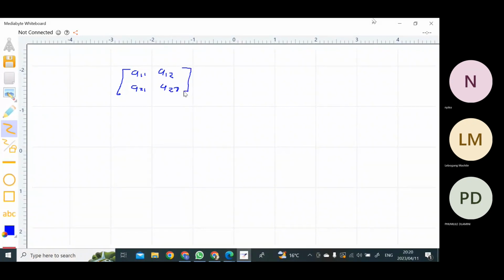So this is a matrix of 2 by 2. And if we have another matrix, let's say we are adding them, I'm going to use B11 and B12, and then B21 and B22.